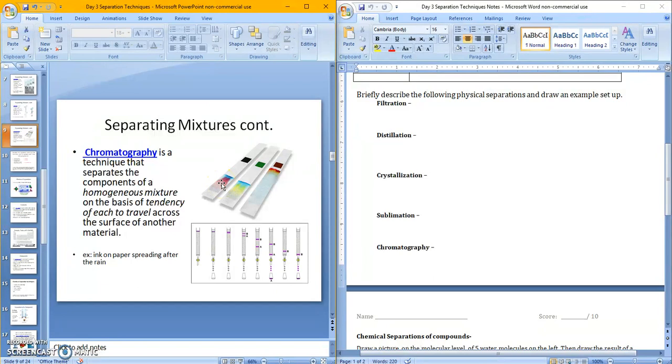It's not as polar. In this example, blue is moving up quickly, just like the other one, and yellow is not traveling as quickly. But yellow and purple seem to travel about the same amount. Whereas red has a dark red color and a yellow color, and they don't really separate much, meaning that they're about the same polarity. They're going to travel about the same.